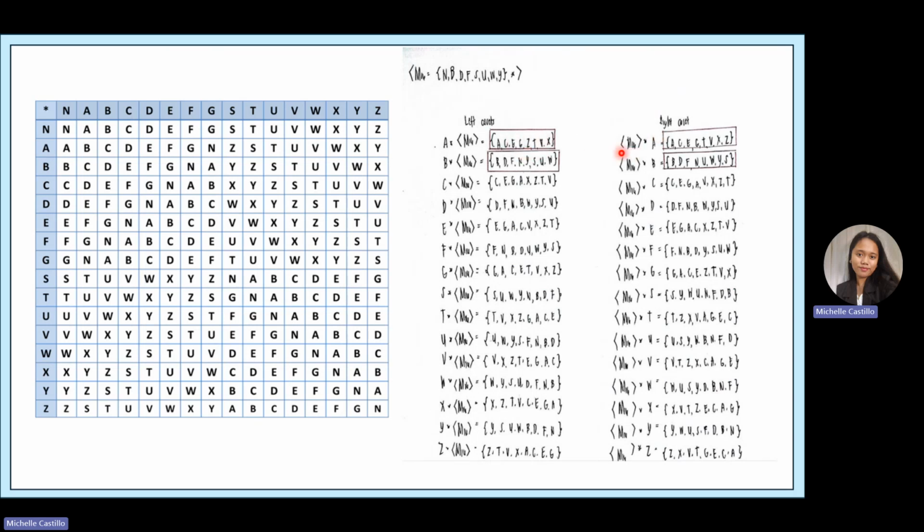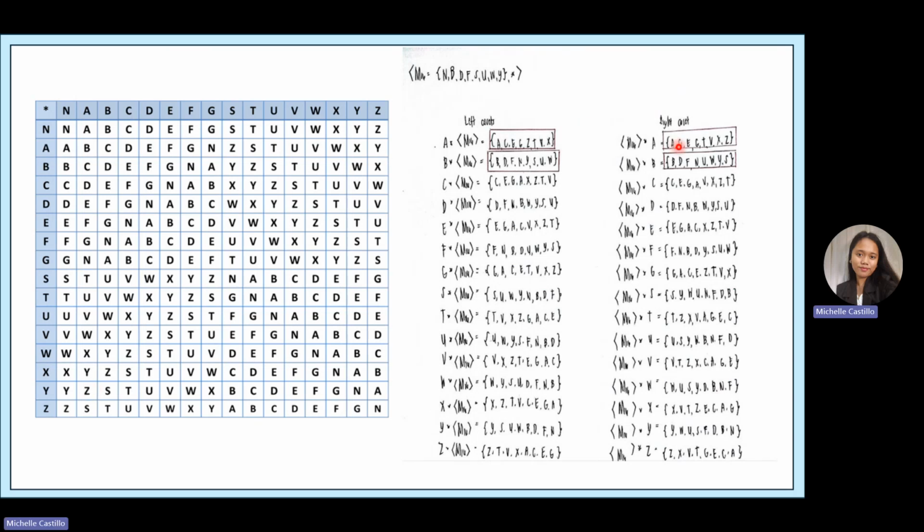While its right coset is equal to: n star a is equal to a, b star a is equal to c, d star a is equal to e, f star a is equal to g, s star a is equal to t, u star a is equal to v, then w star a is equal to x, then y star a is equal to z.